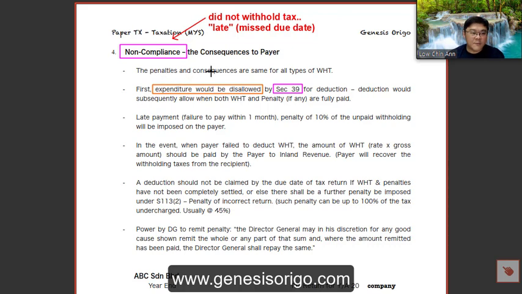Okay, but when we say disallowed, one thing I need you to be very clear about is that the expenditure must be revenue expenditure first of all. For example, if you're talking about royalty or commission, these can all be expenses that are revenue in nature.